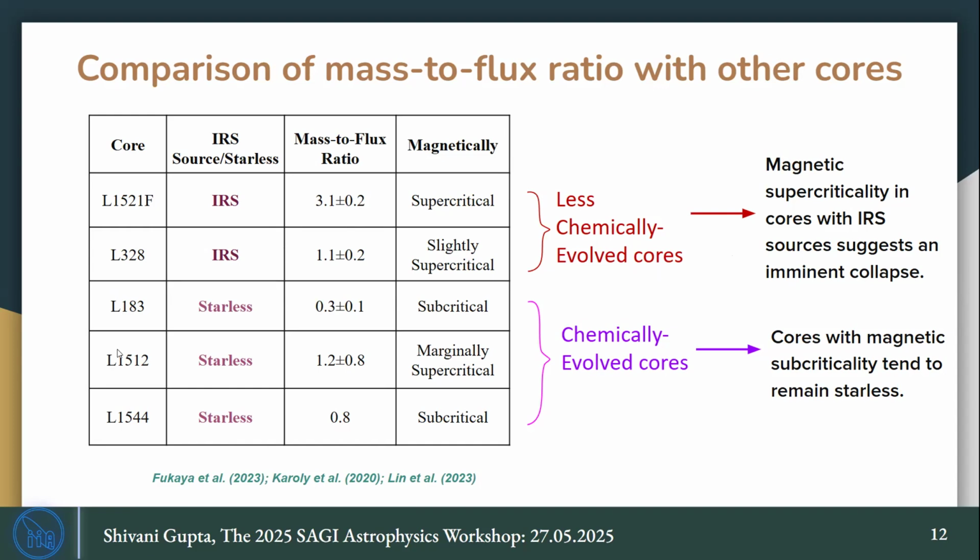But for the other three cores, we can see these cores are chemically evolved, but they are still starless. It may be because of their subcriticality. Because of that, these cores are still starless, but we can't say anything conclusive. We need more studies on this.